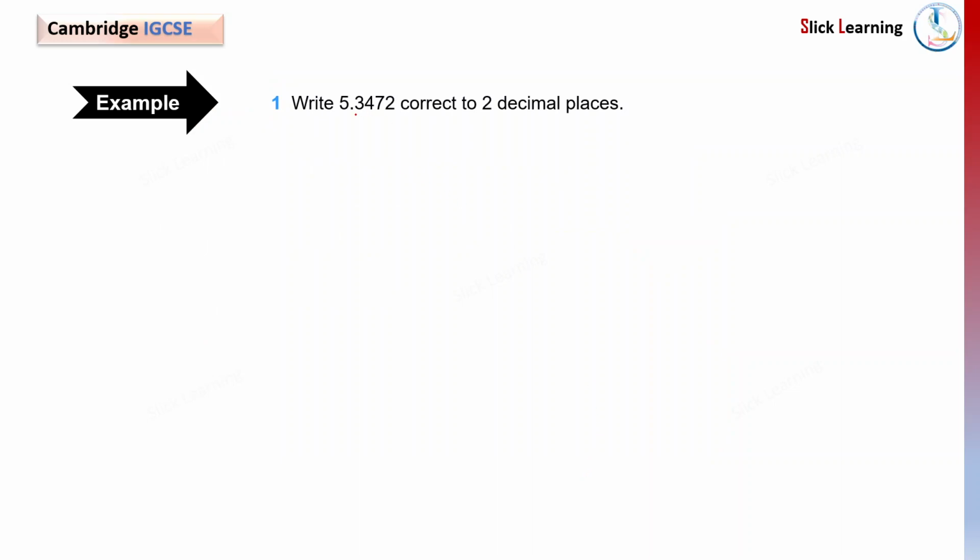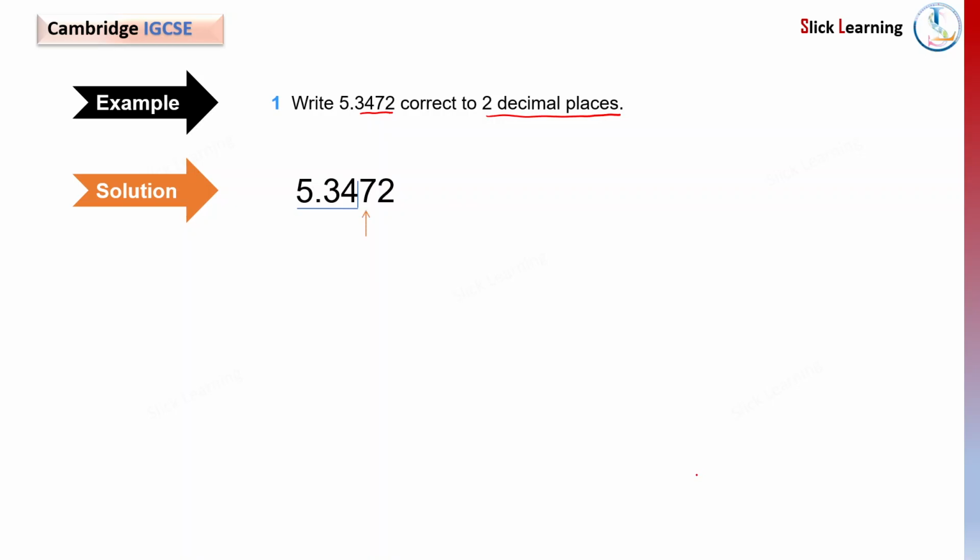Here the question has given up to 4 decimal places, but we are concerned with only up to 2 decimal places. So first of all we are going to count up to 2 decimal places. That comes to 5.34 only. But just after 4, we see the digit 7 here.